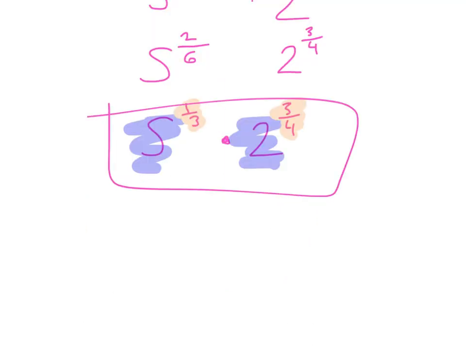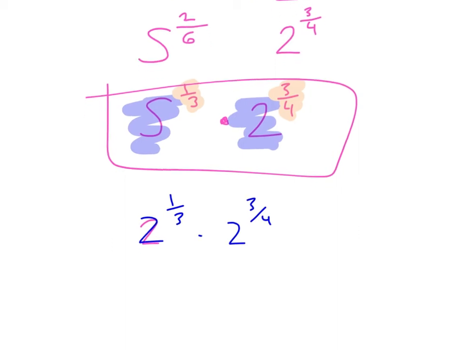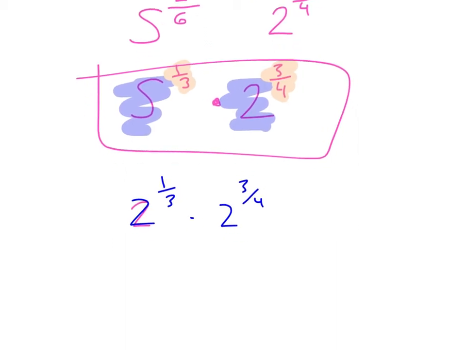So if we had both bases as 2, so if this was 2 to the 1/3 times 2 to the 3/4, what would we do here if we're multiplying? How do we combine these?